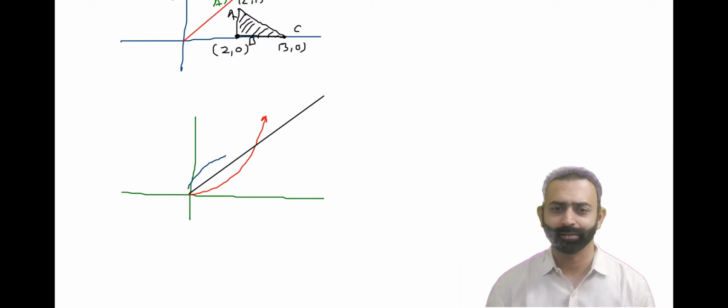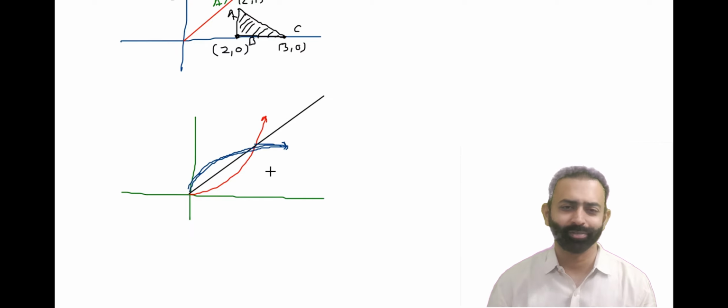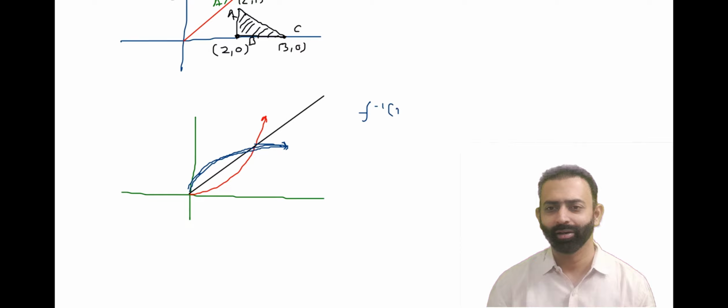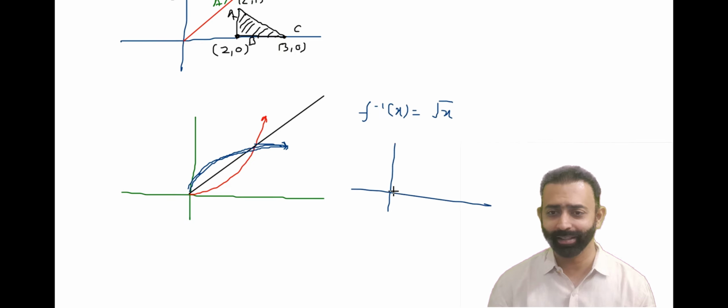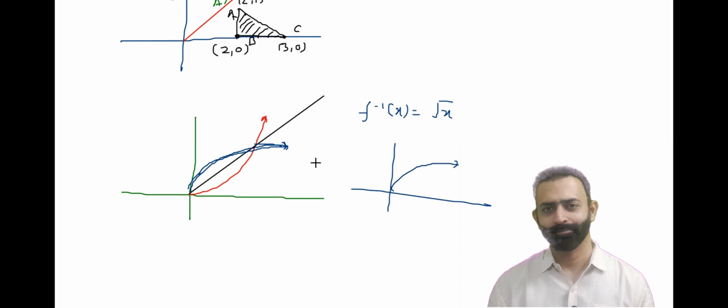This is a mirror image of x squared. And if we have some basic knowledge of inverse functions, we have already found the inverse function of x squared, denoted by root x, and this basically is the graph of root x, which is obtained from taking the reflection of y = x squared along the line y = x.